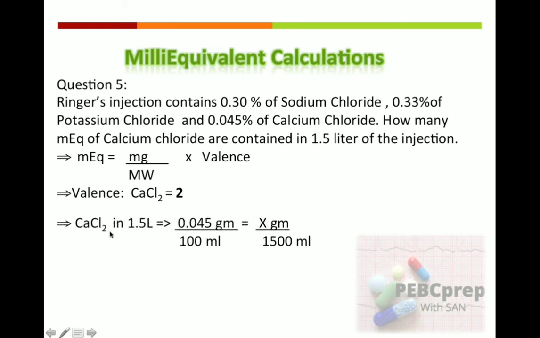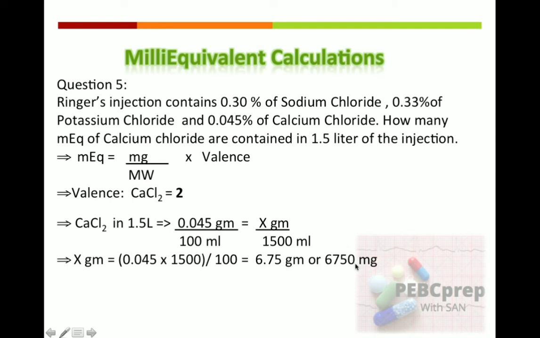Next is calcium chloride in 1.5 liters. We know the percentage here, which is 0.045 grams in 100 ml. So x grams in 1500 ml. We get 6.75 grams.